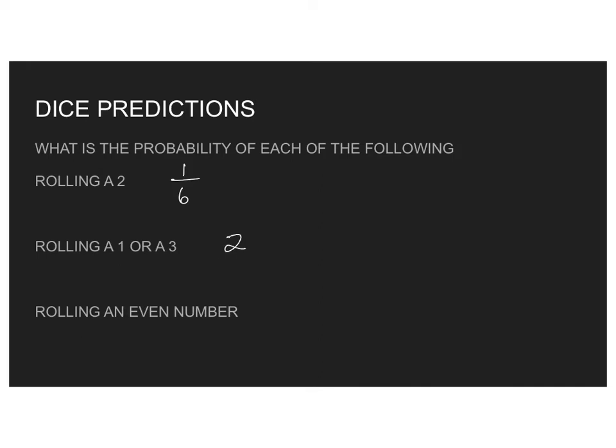Well, there are 2 outcomes, so that's 2 out of 6, or 1/3, which is 33%. Rolling an even number, should have put odd there, but it would be the same, 3 out of 6, or 1/2, or 50%.